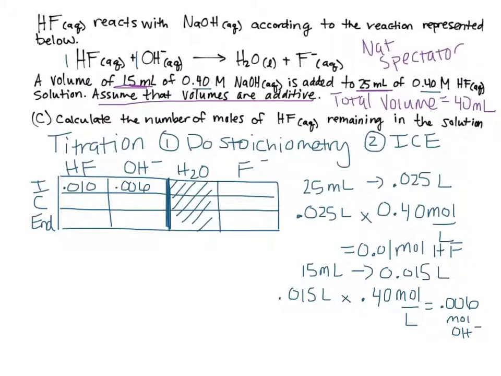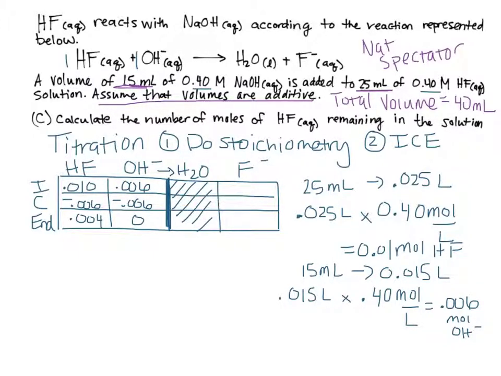And now we're going to look at these two species. If this reaction goes to completion, which is what that single arrow indicates, our hydroxide is going to run out first. We have a 1-to-1 ratio, and it's a smaller amount. So I'm going to subtract 0.006 minus 0.006. My hydroxides are totally gone at the end, and I'm going to have 0.004 moles left of hydrofluoric acid.